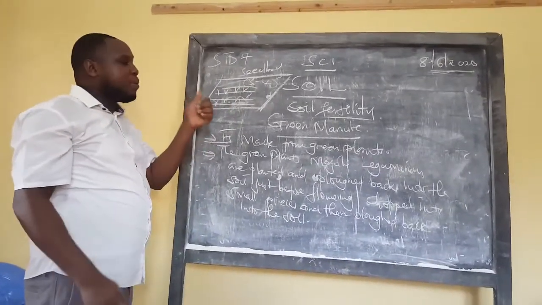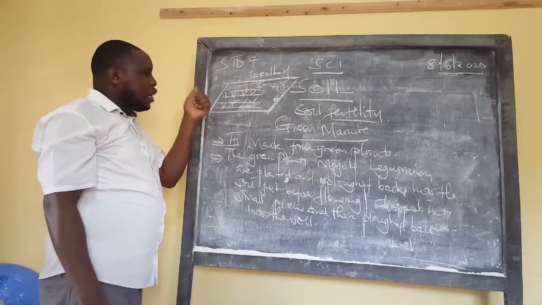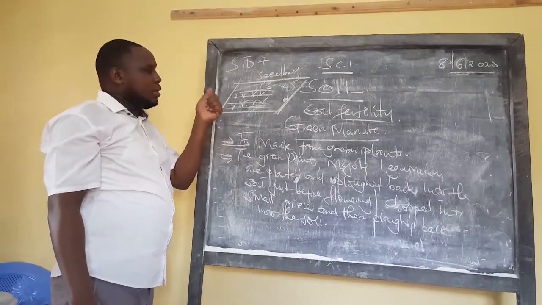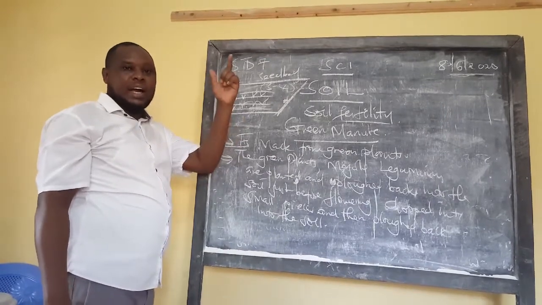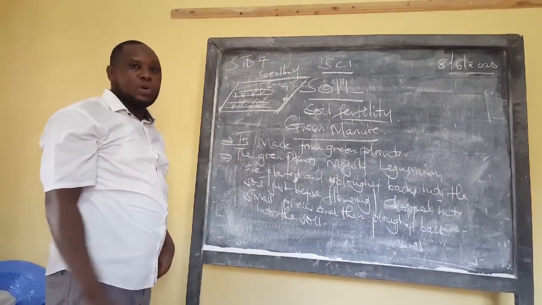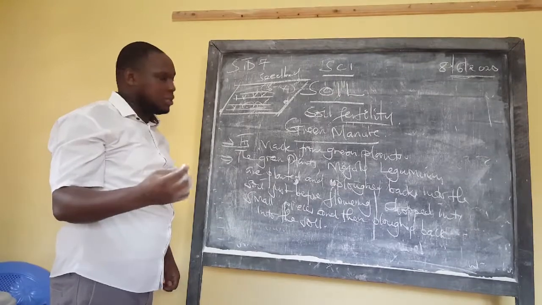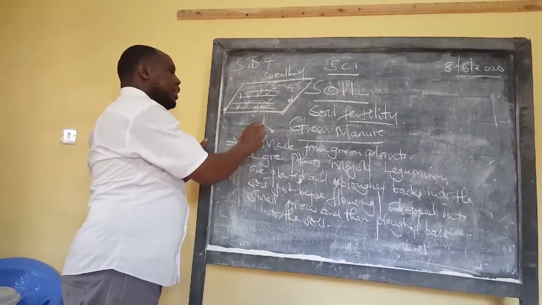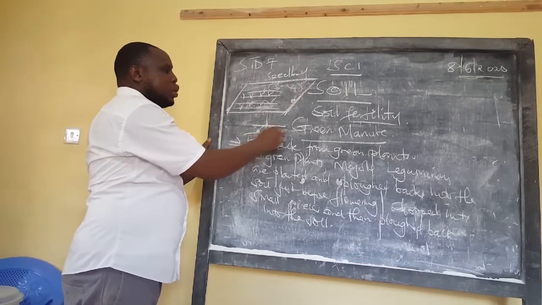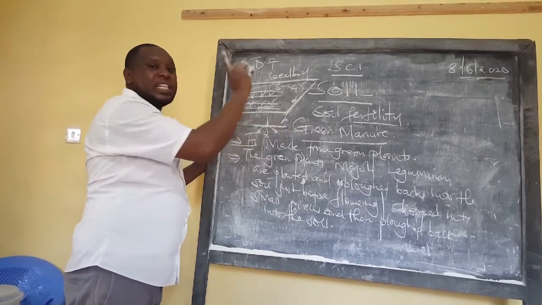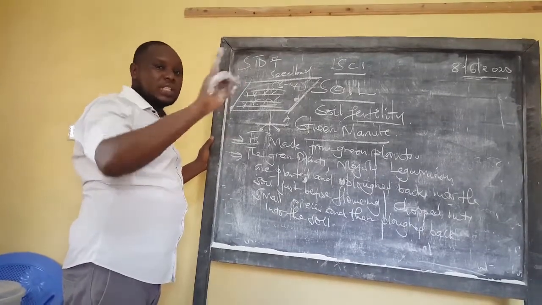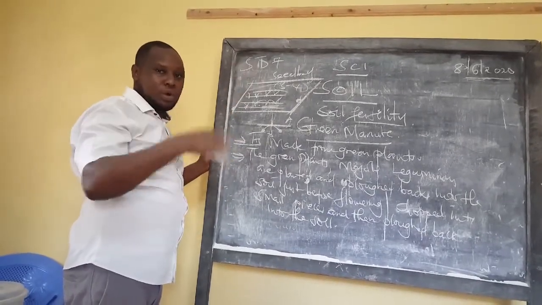And the reason why they prefer leguminous plants is because they are able to tap the nitrogen in the air and fix it into the soil very fast, because they have what we call root nodules. These are the root nodules I showed you the other day. They are used to pick the nitrogen in the air, which is found in the air at the onset of rains because of the lightning. You know what lightning is?